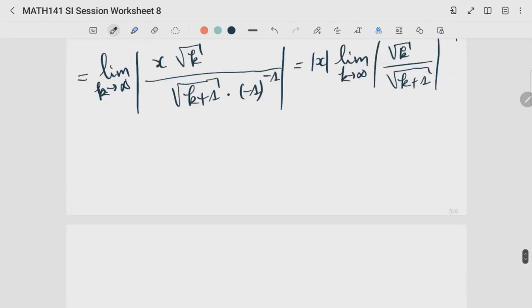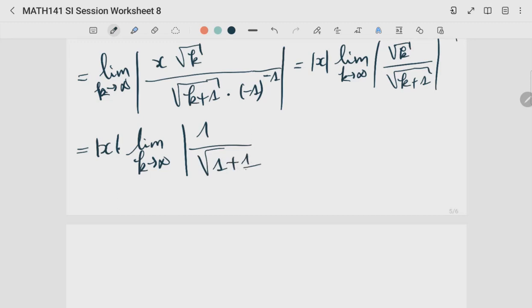which we can divide by root of k in the numerator and denominator to get the limit. Sorry, forgot the absolute value of x times the limit as k tends to infinity of 1 divided by the root of 1 plus 1 over k, all under the square root sign here.